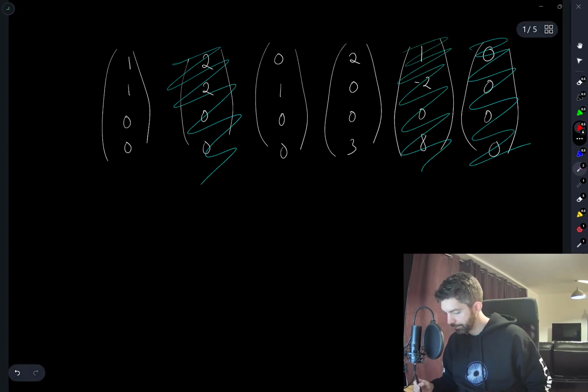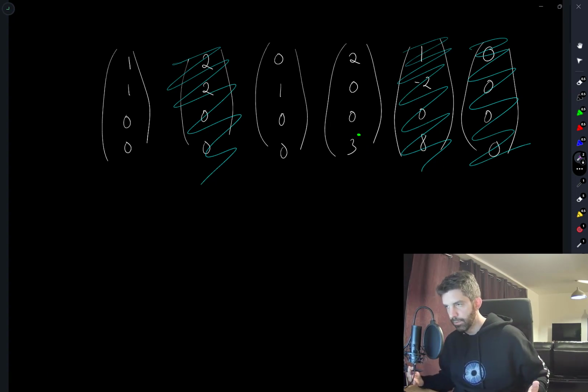And now, it's kind of just obvious to me that these 3 vectors are linearly independent. This is the only one that gives us any non-zero value in the fourth coordinate.